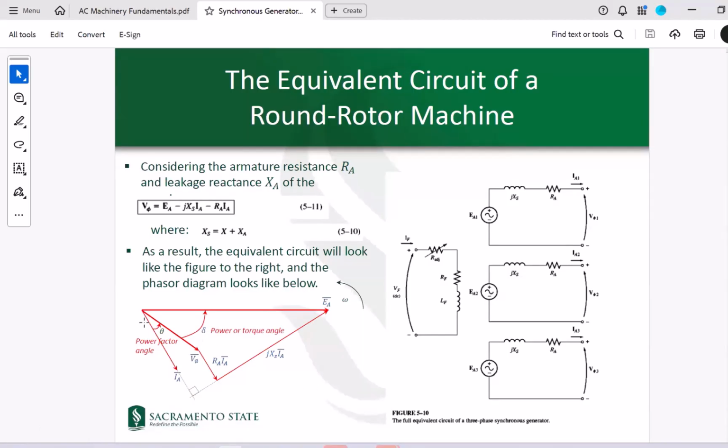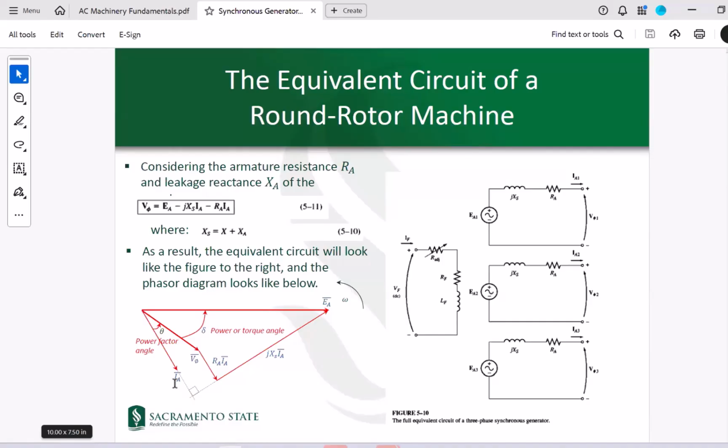And this IA represents the current in your armature. Now, depending on whether your generator is working with a leading power factor or a lagging power factor, that would be determined by the difference in the angles between V phi and IA, right? The voltage on the terminal of your generator versus the current flowing in the terminal of the generator.